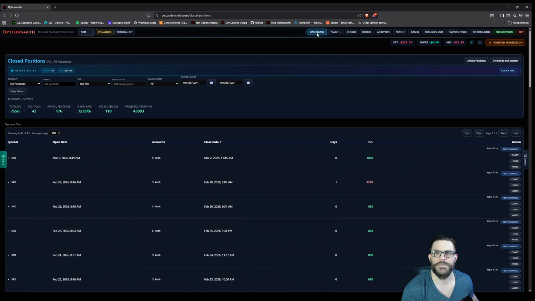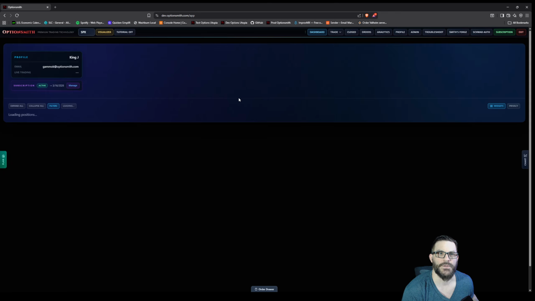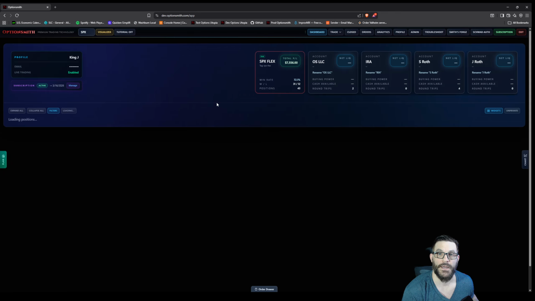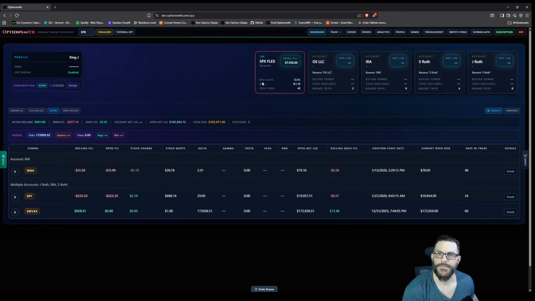And this trading strategy has been doing remarkably well. I do not see any reason to abandon it in the future. I think this is probably going to be my primary day trading strategy from this point on. It's got a 72% win rate after 40 some trades, 43 trades, and I do one trade every day.